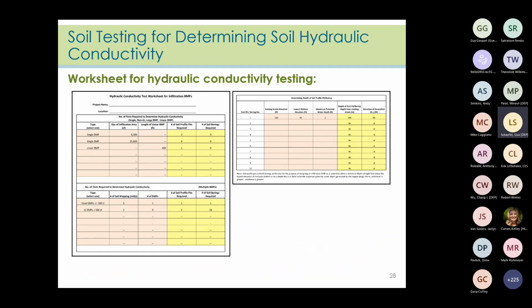The second worksheet in the Excel workbook may be helpful for your hydraulic conductivity testing. I've just split it into two parts here. The left is the top and middle, and the right is the lower part of that worksheet. Okay, but this is what it looks like if you haven't seen it before.